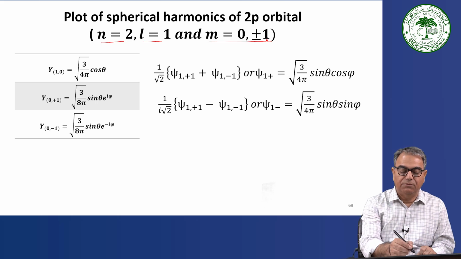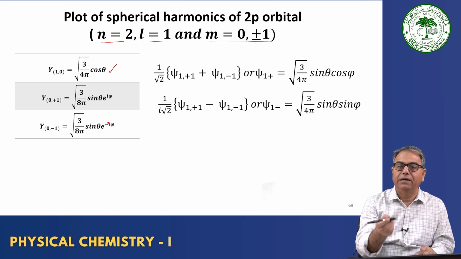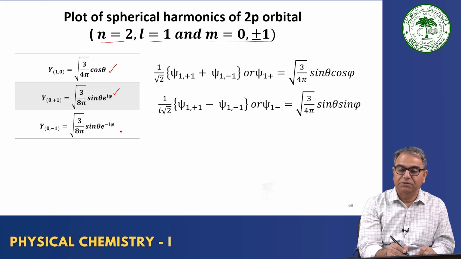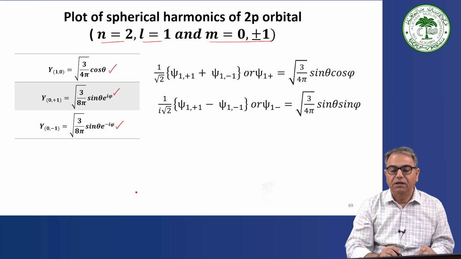So the spherical harmonics are root 3 by 4 pi cos theta, root 3 by 8 pi sin theta exponential i phi, and root 3 by 8 pi sin theta exponential minus i phi. In the earlier lectures I said that since these are imaginary functions, we cannot physically interpret them. In order to interpret them, we have to convert them into real functions.